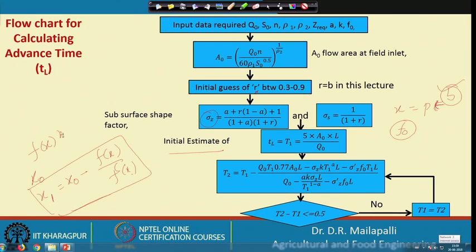So, every time you take an initial guess x naught and find out f(x naught) and f dash (x naught), and you get x 1. Now, you check whether this x 1 is close to x naught or not.